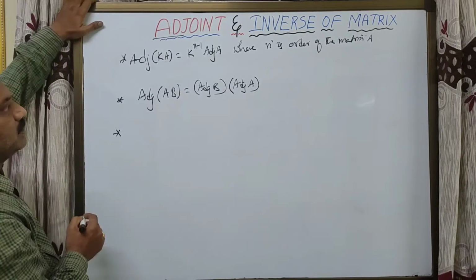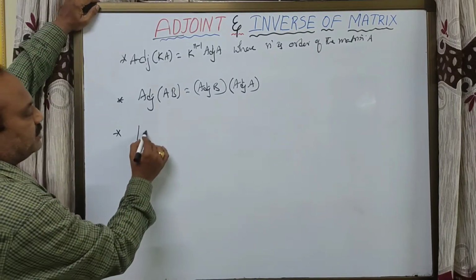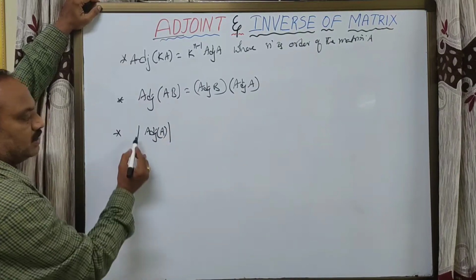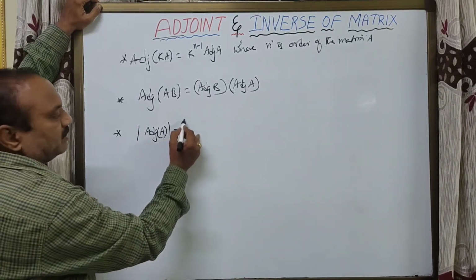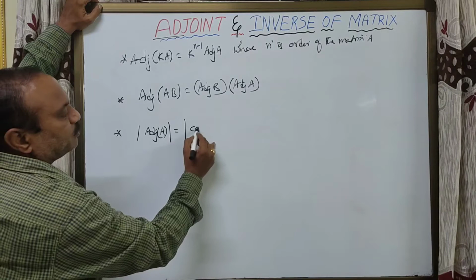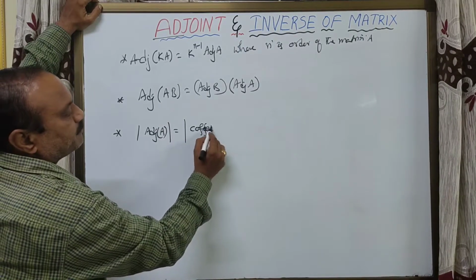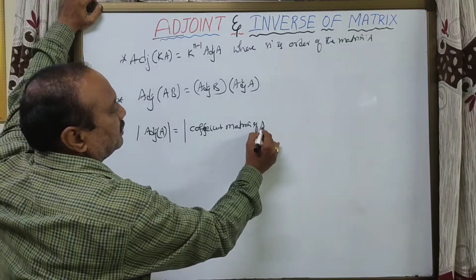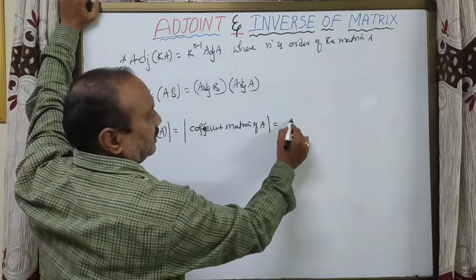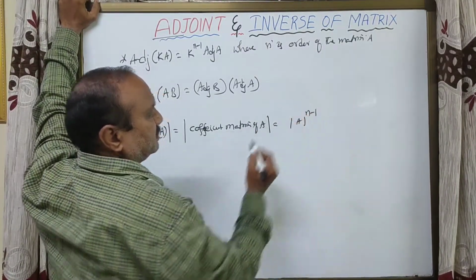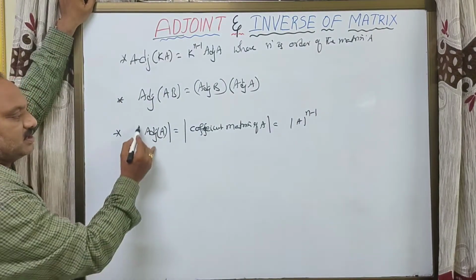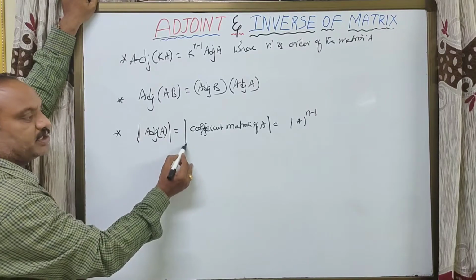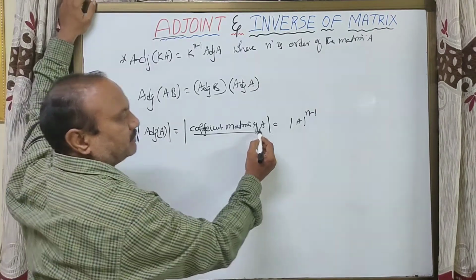Next, determinant of the adjoint of A, that means det of the adjoint A, is det A whole power n minus 1. So determinant of adjoint of A equal to determinant of the coefficient matrix of A, whole power n minus 1.